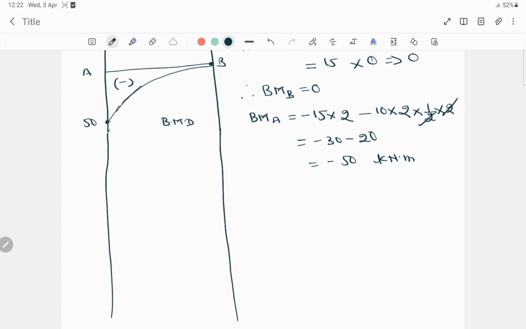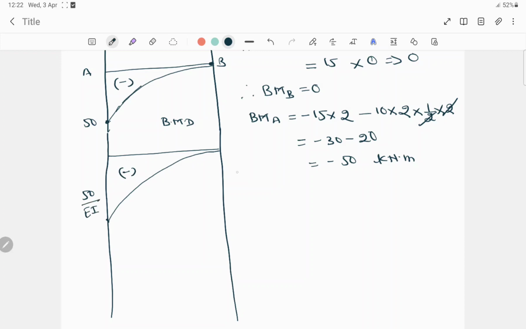Again we have to draw the M by EI diagram. The M by EI diagram will be the same as the BMD, and in my previous video I have already mentioned this. The only thing is we have to divide the value by EI, so it will be 50 by EI.